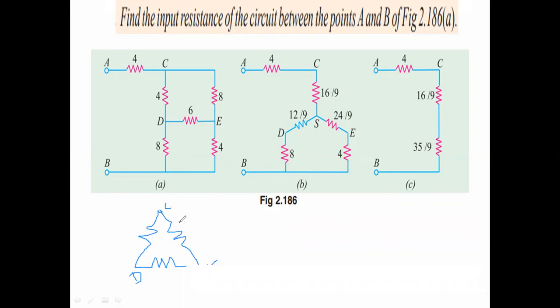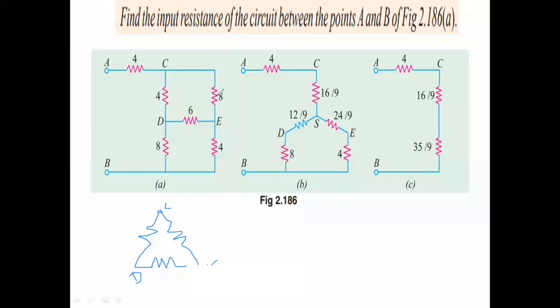So by replacing this delta shape with a star, by using those formulas we described in the previous video, by using that delta to star, we have to find out each resistance of the star network. From that you can easily find this 16 by 9, as it is connected between 4 and 8.